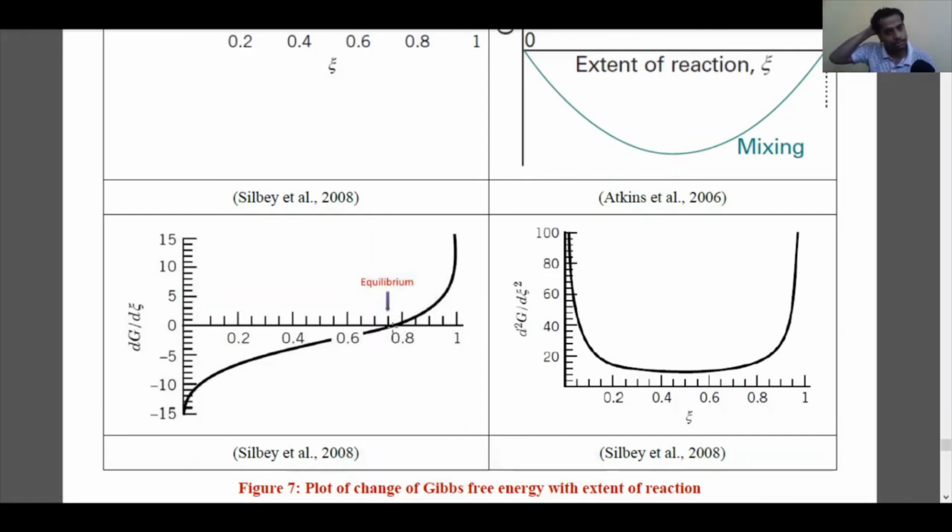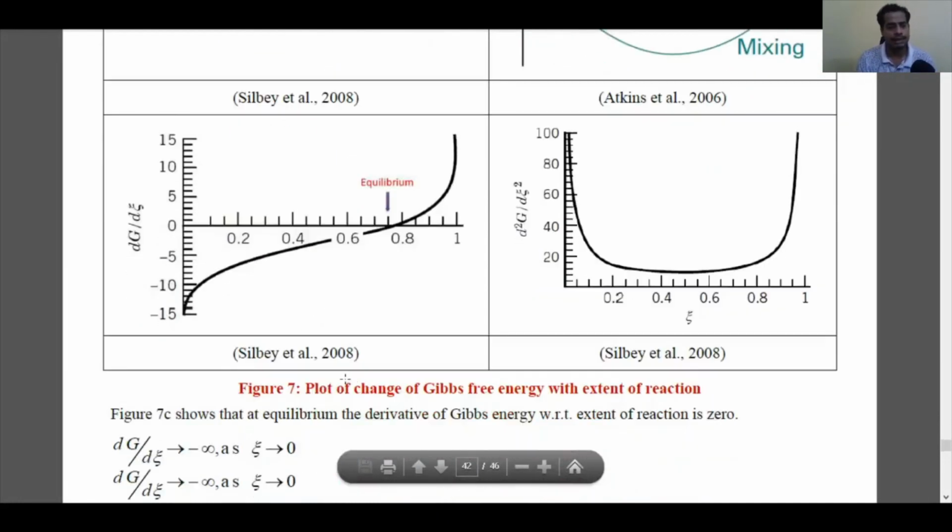That helps in precise identification of equilibrium position. So to find the exact equilibrium position, we can always take a first derivative graph.